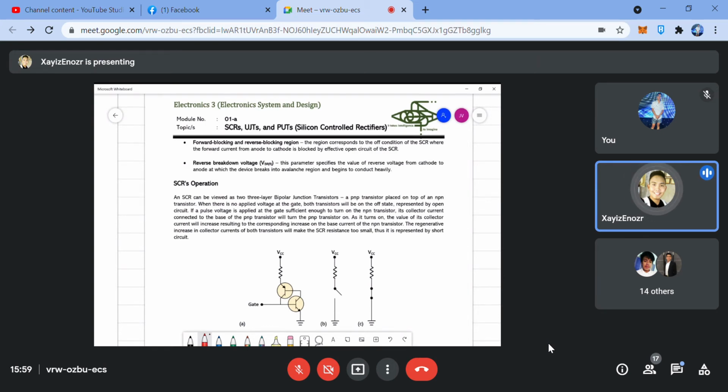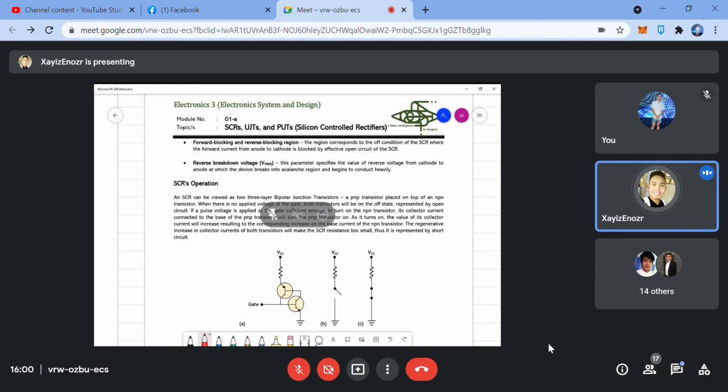Okay, pag sinabing reverse breakdown voltage, ito naman yung voltage kung saan yung current is nag-flow from cathode, or from the negative to the positive. Pag nangyari yon, di ba, para siyang na-reverse bias.